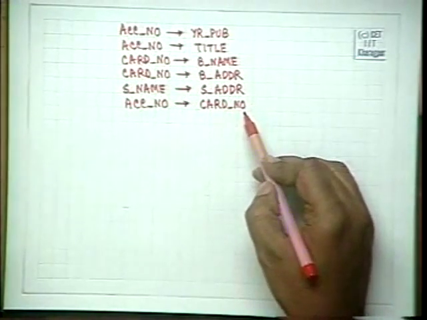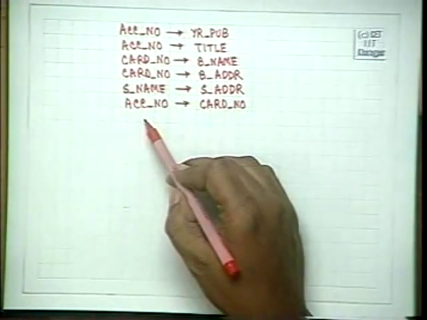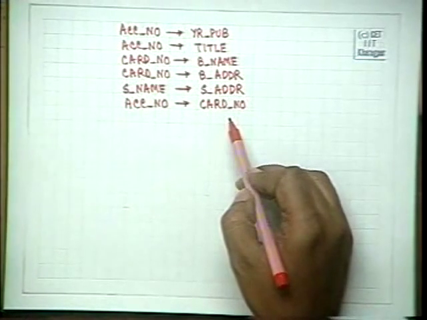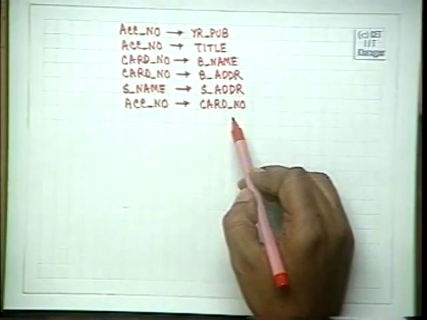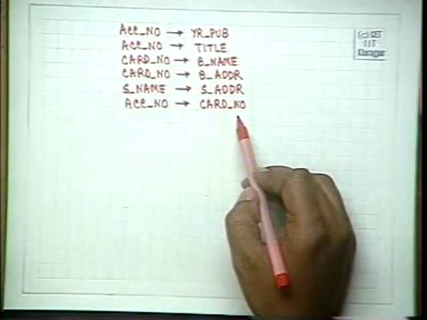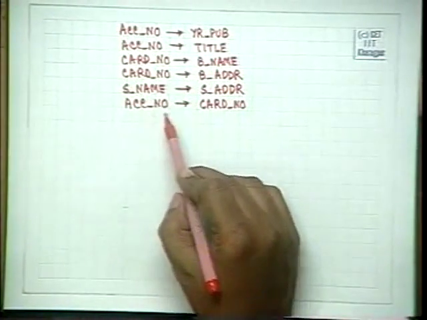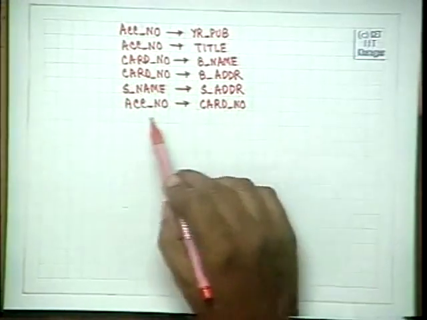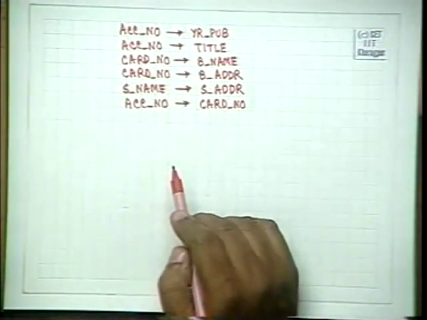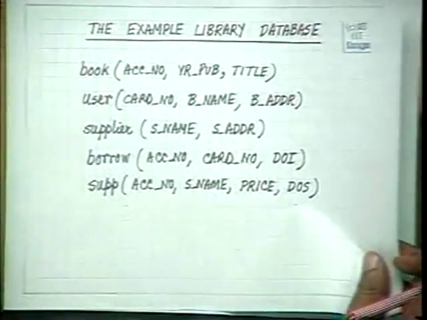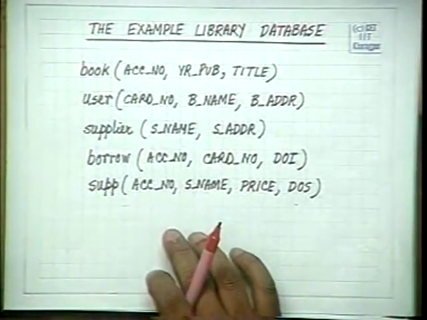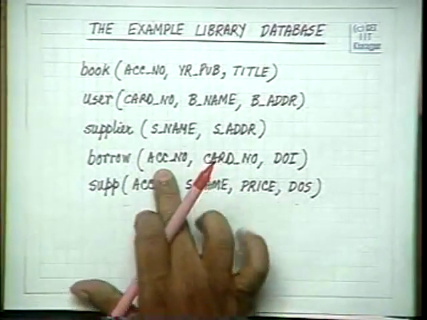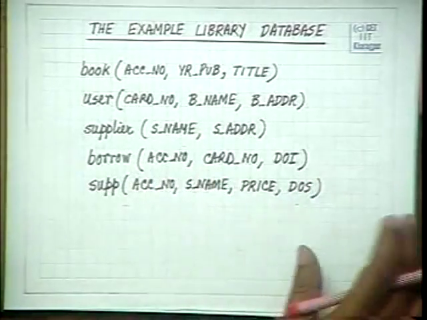This comes from the constraint that a particular book can be issued by only one person. This was the constraint which came from the cardinality constraint in our ER diagram in the borrow relation. That is how we really had this. Otherwise, if we allowed a book to be issued by two people, then accession number alone could not have been the primary key here.